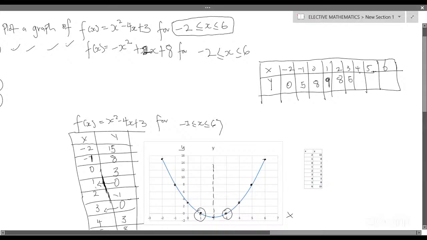When X was 4, Y was what? 0. When X was 5, Y was what? -7. Good. And then when it was 6, it was what? -16. Yes.